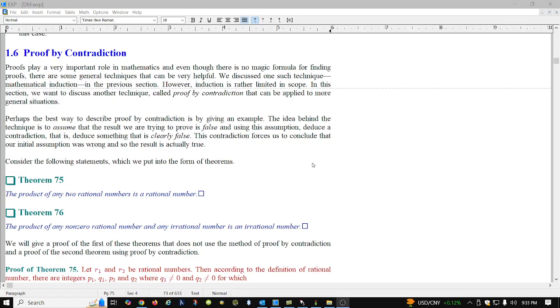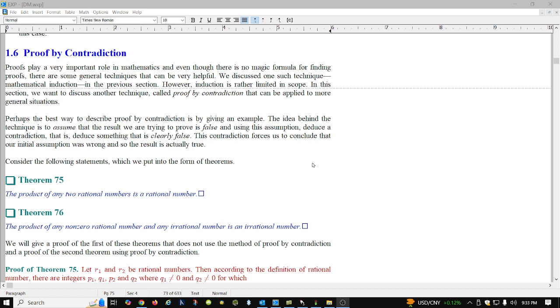There's no quadratic equation. There's no algorithm. Every theorem requires its own proof. And there are techniques, of course, like induction. But the only way to become proficient at doing proofs is to practice, practice, practice.